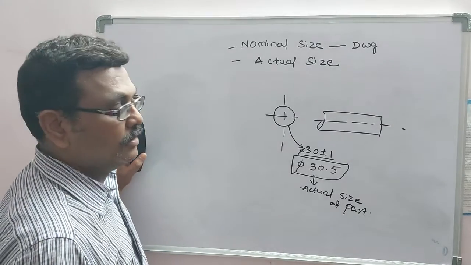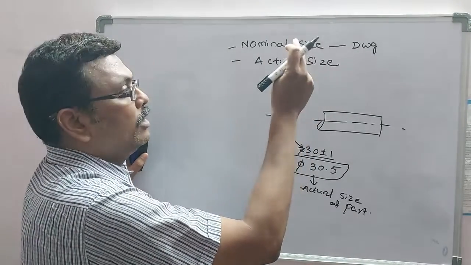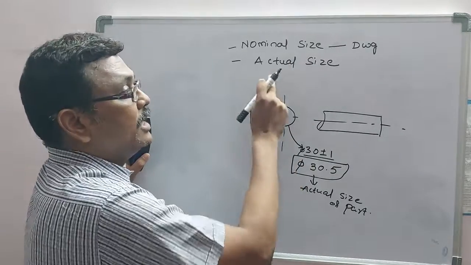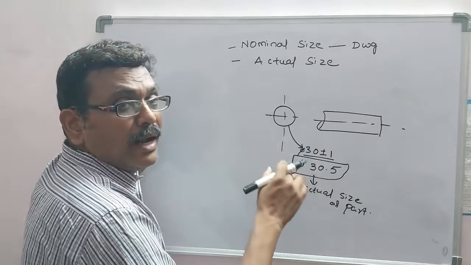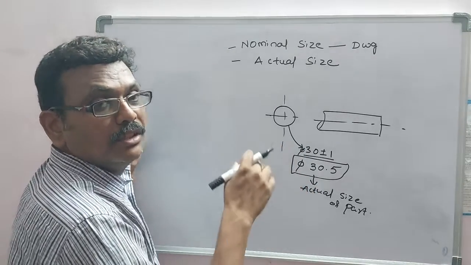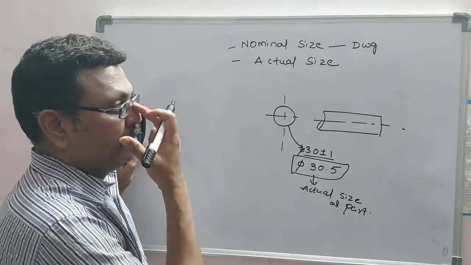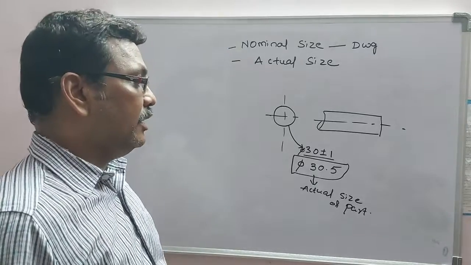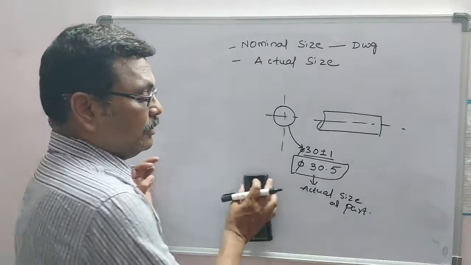Got it? Nominal size is the dimension of the part available in the drawing. Actual size is the exact size of the part which is measured after manufacturing. Right? This is the concept of nominal size and actual size. I hope you understand this concept.